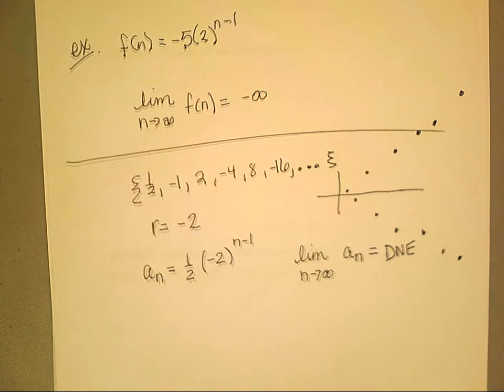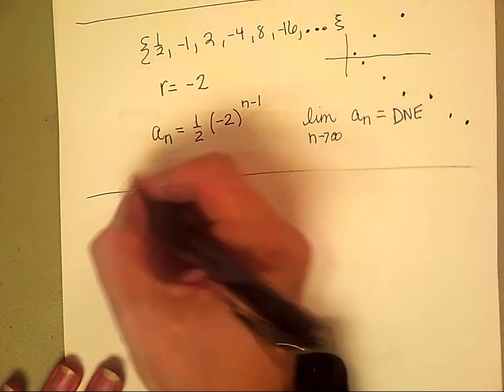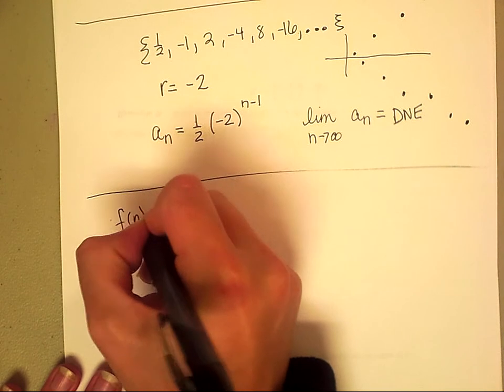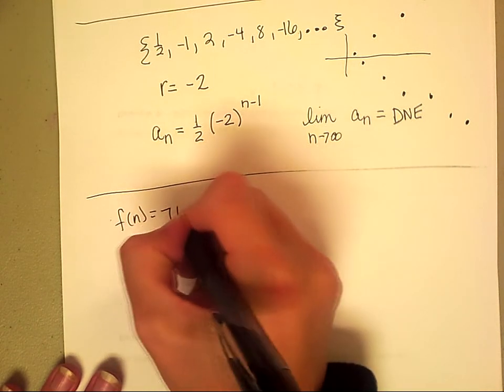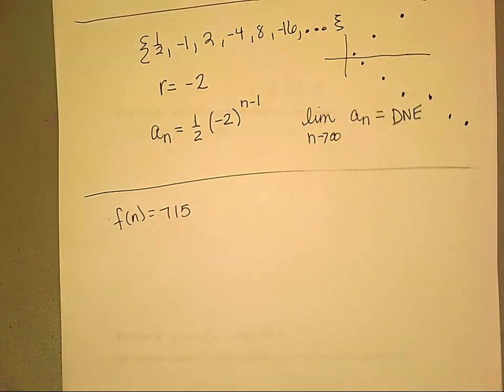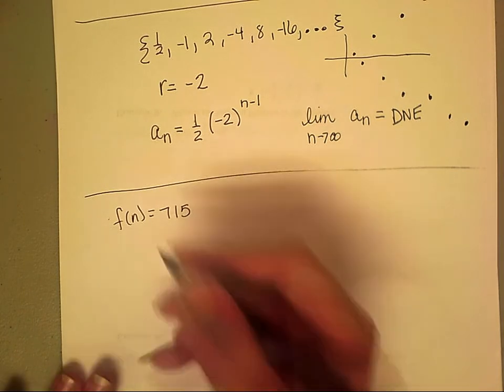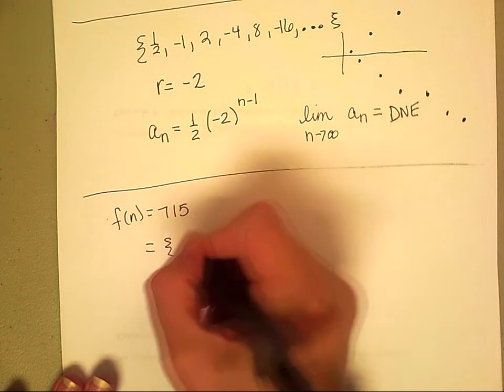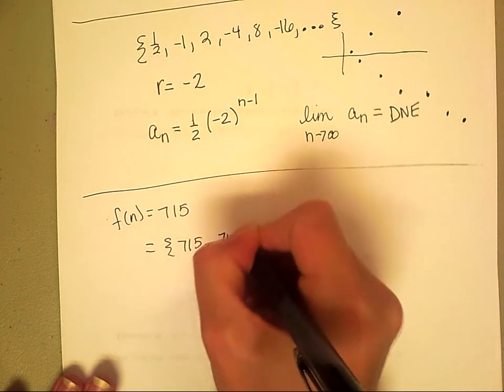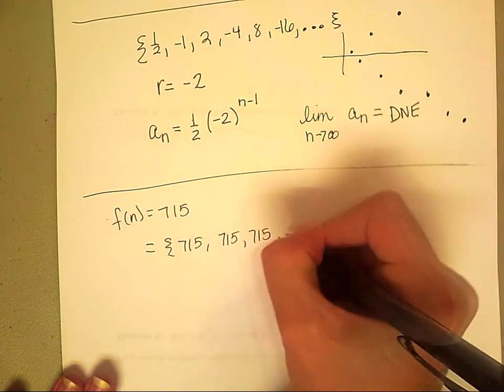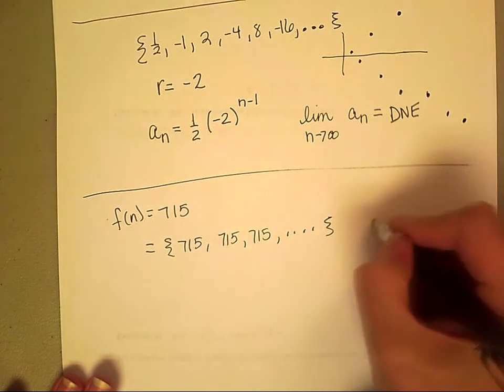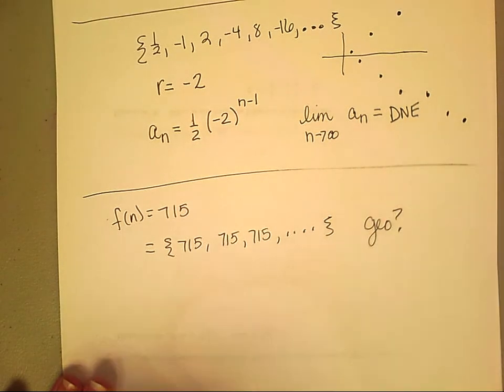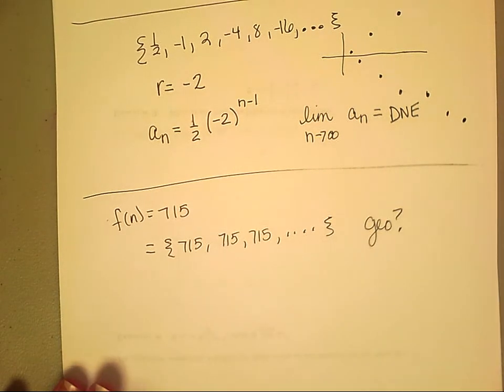Okay, let's go back to our tricky one. Remember f of n was just equal to 715. So we said that this was arithmetic, because it's just 715, 715, 715, etc. So is this geometric? In this case, this sequence is actually geometric.